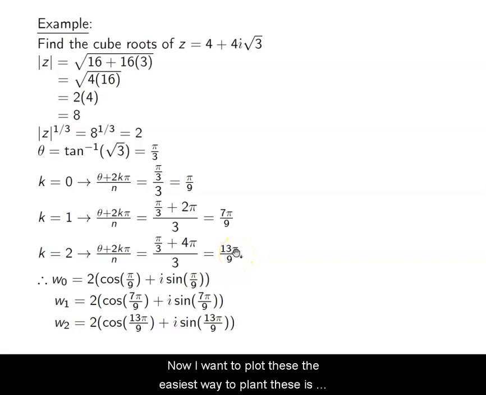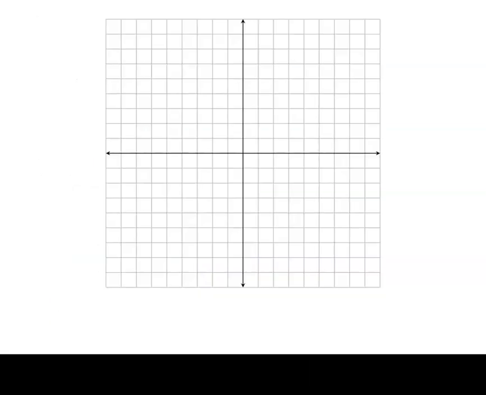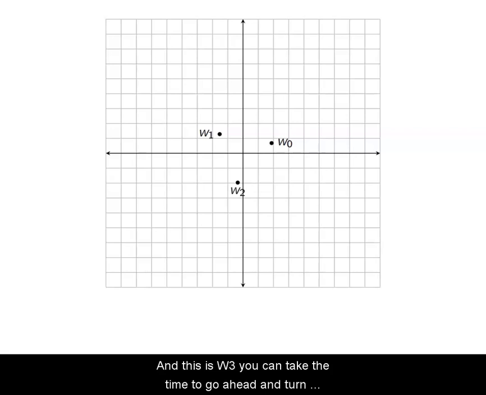Now, if I want to plot these, the easiest way is to turn them into complex numbers and plot them in the complex plane. I didn't do that for you, but I did plot them. So this is W0, this is W1, and this is W2.